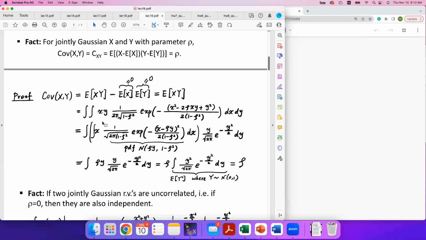This is a standard form of Gaussian PDF. This is basically the sigma squared, and this is the mean.